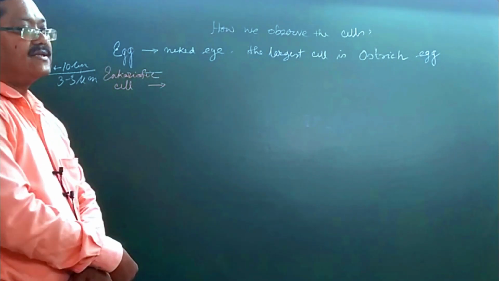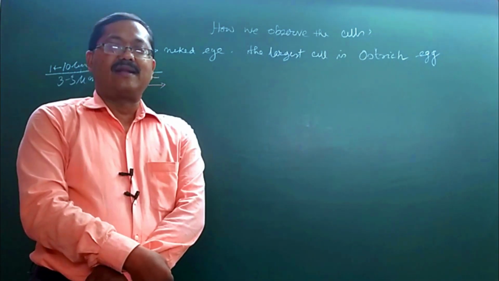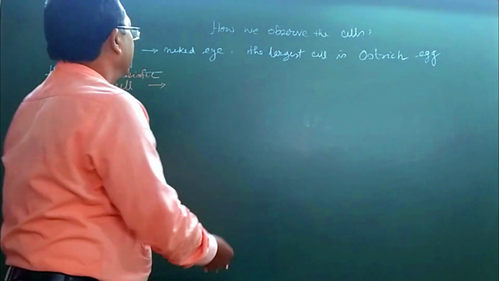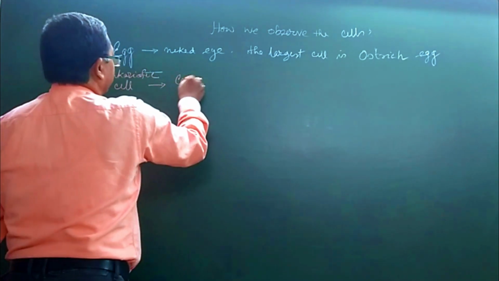These eukaryotic cells generally we can see by compound light microscope.